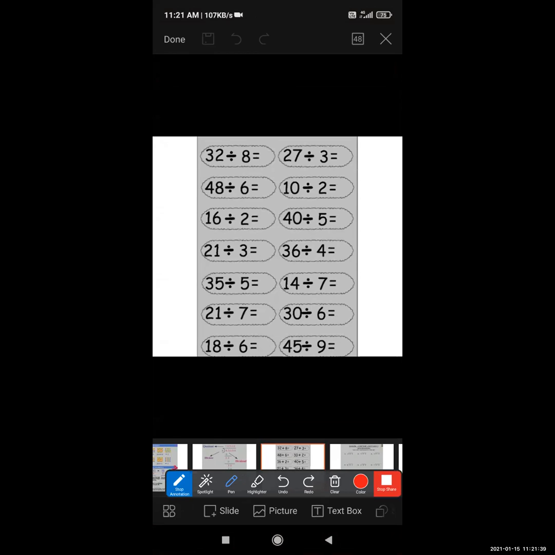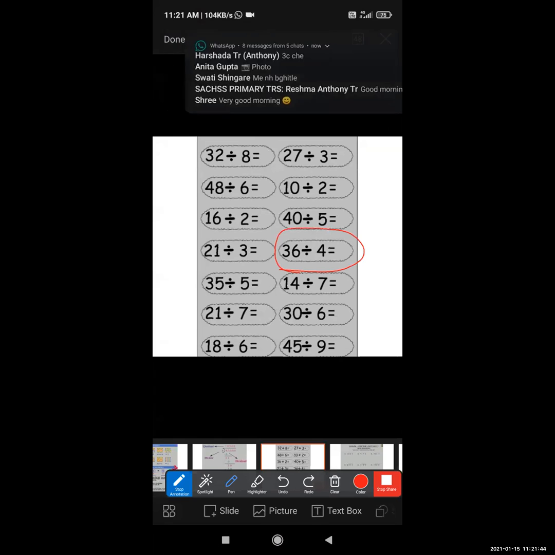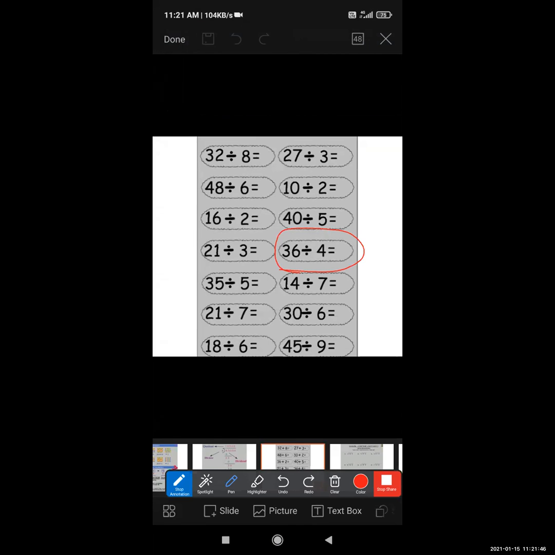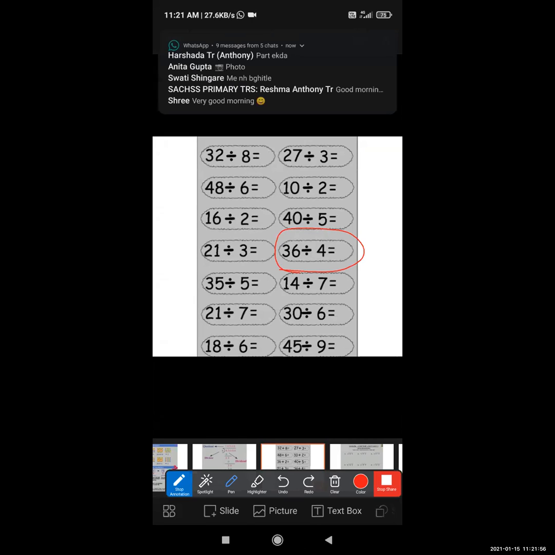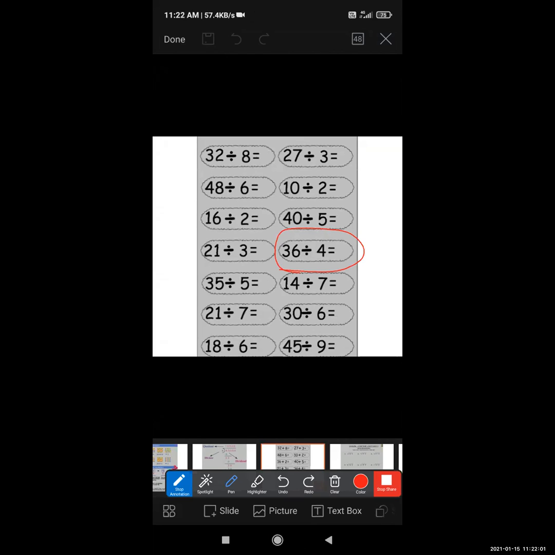36 divided by 4. How will you solve it? Tell me. Solve from your side and give me the answer.